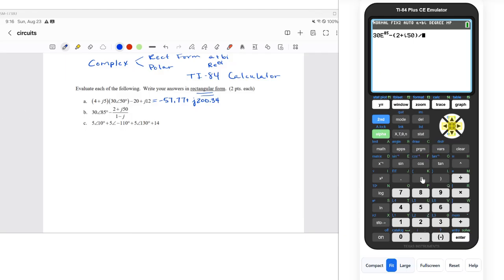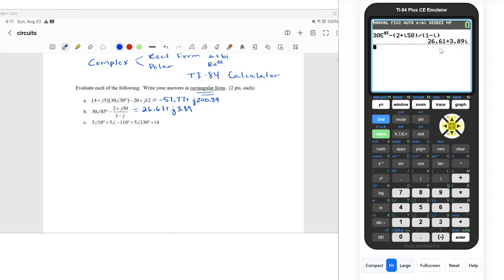And I want to divide all of that by 1 minus I. Close my parenthesis. And my calculator does the math for me. It's 26.61 plus 3.89. Don't forget our J, 3.89.